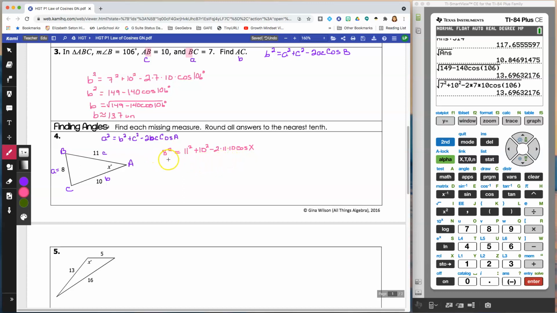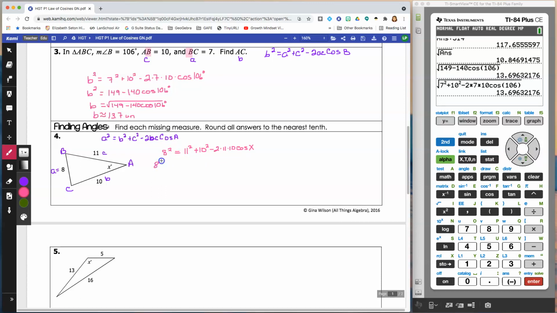Okay. Now you'll note that we have some things going on here. Let's take a look at this. I've got my a squared, I've got my b squared and c squared, minus 2 times a and times b and times c times the cosine of angle A. Now I can simplify this, or I can just do some rearranging, and that's where I want to go with this. We're going to subtract 11 squared and 10 squared from both sides of the equation.